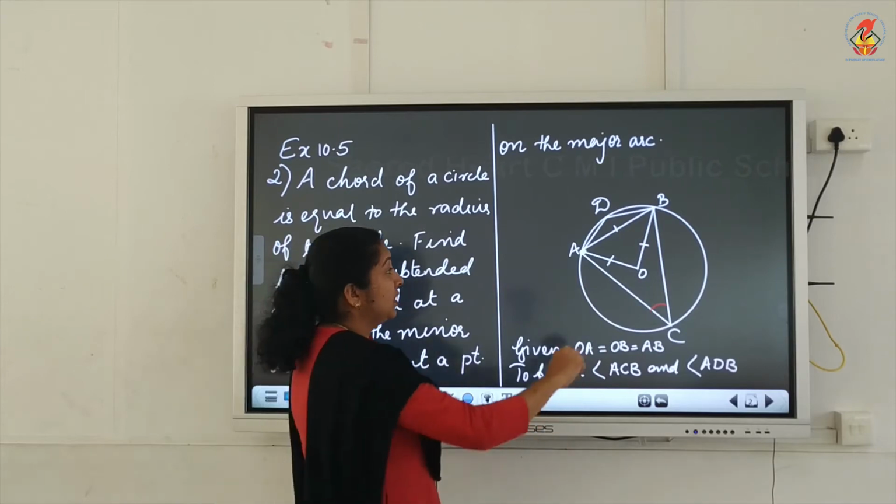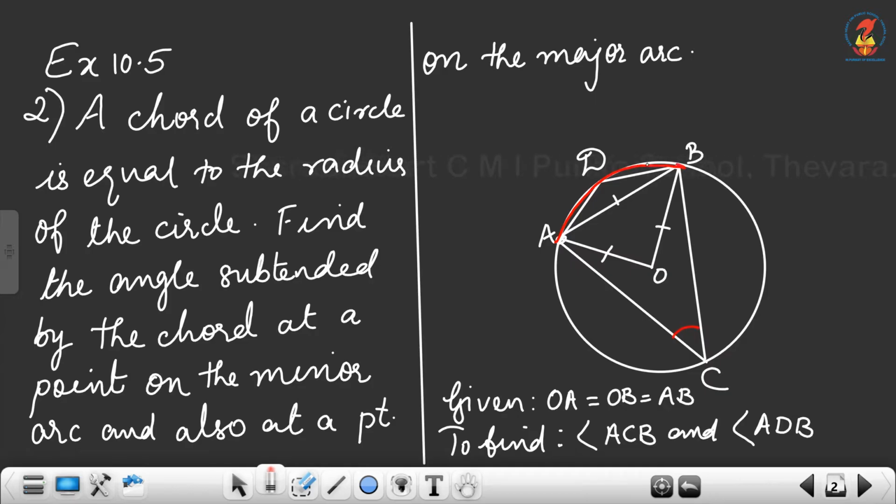Same way, ADB is the minor arc, and this is the angle made by this chord AB at the minor arc. So, what we have to find actually is this angle and this angle.